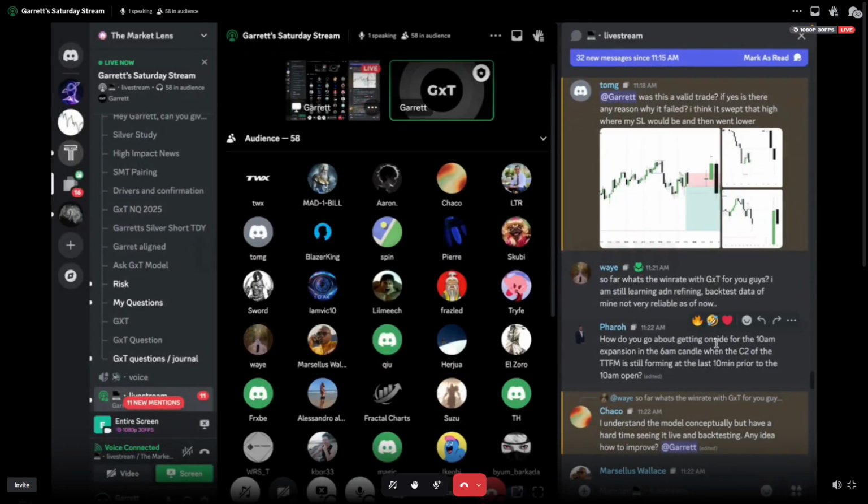So far, what's the win rate with GXT for you guys? I'm still learning. So yeah, everyone's going to have different win rates. I don't expect anyone to have the win rate or the results that I have because you don't have the experience. That's the only thing, right? Also, you can pattern trade any model. So your ability to frame trades and narrative is a big part.